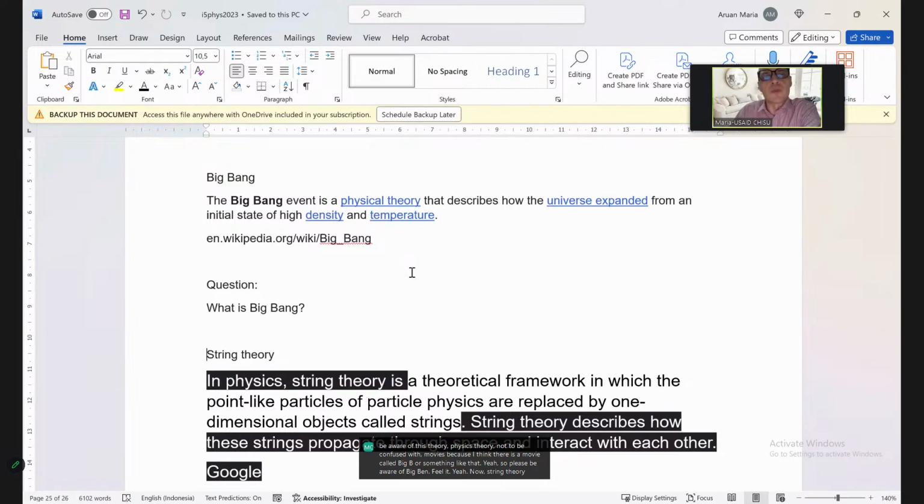Now, string theory is another important theory. It's a theoretical framework in which the point-like particles of particle physics are replaced by one-dimensional objects called strings. String theory describes how these strings propagate through space and interact with each other.